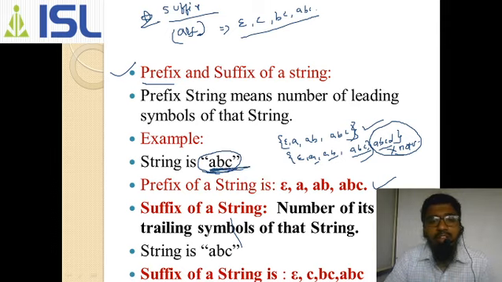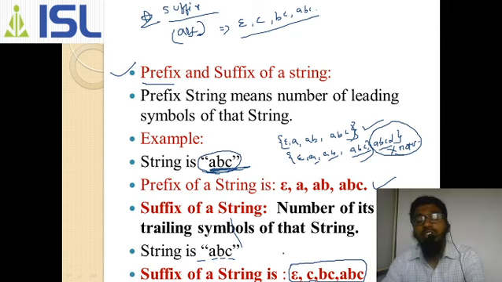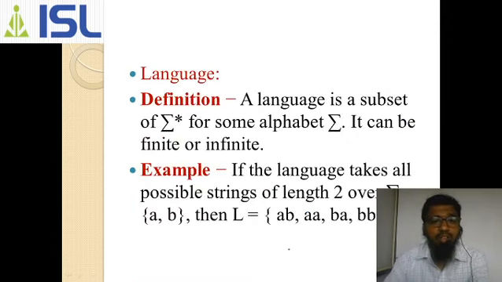For the suffix, you need to come from the last, then last minus 1, last minus 2, like that. You need to get epsilon, C, comma, BC, comma, ABC. So this is prefix and suffix.